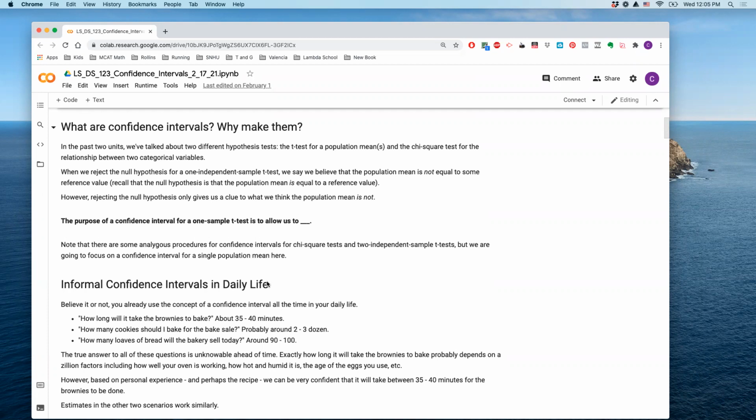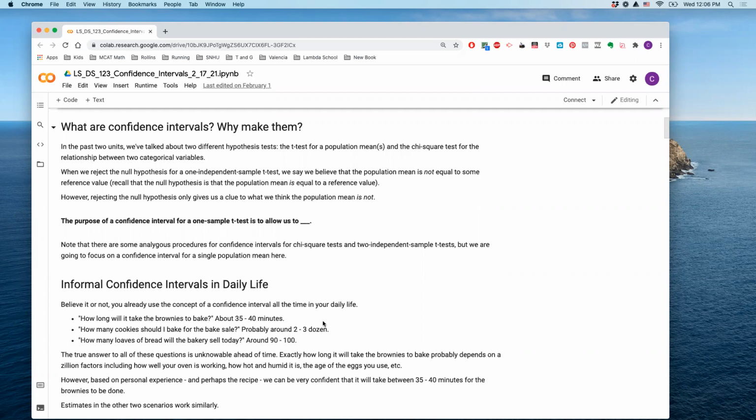If I reject the null hypothesis and say the normal human body temperature is not 98.6 degrees, well, of course, the following question is, well, okay, what is it? Or, if the caffeine content in the fountain soda is not 34 milligrams, well, what is it? So today we're at the point where we answer the question, okay, if it's not that, then what is it?